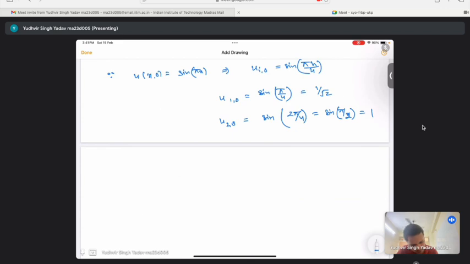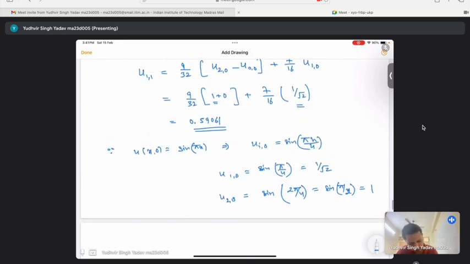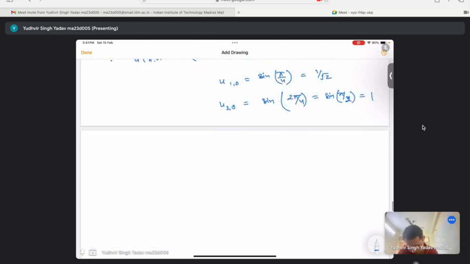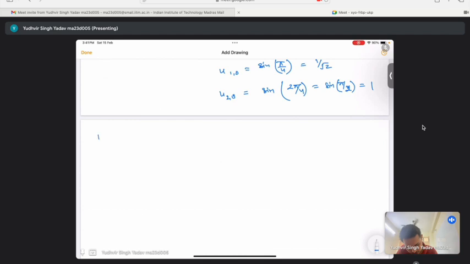Now this is the one value that we have obtained, that u_1^1 will be 0.59061. You can cross verify this solution by solving it yourself. And next step, you take i equals 2 in star.